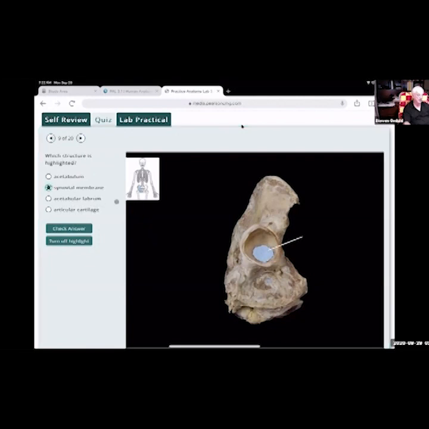Because the acetabulum and the cartilage would be above those areas. Yep, perfect. That's what contains all the synovial fluid so that joint can flex. If this whole circle was blue, that'd be the acetabulum. The ring on the outside is the acetabular labrum. And the articular cartilage is between both sides of those bones.